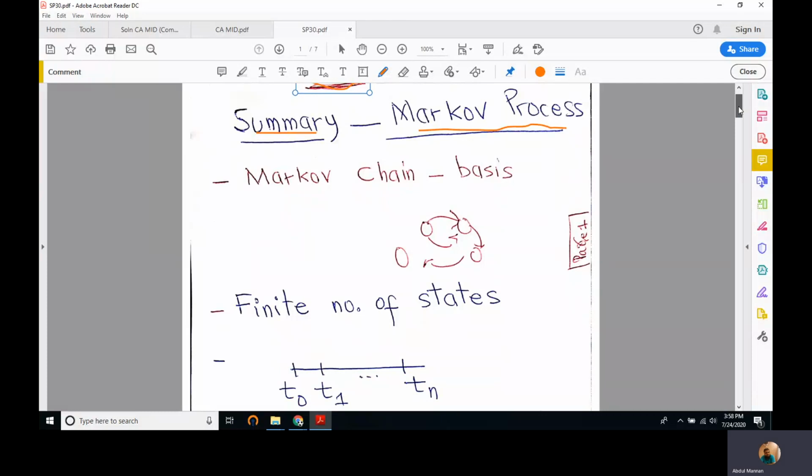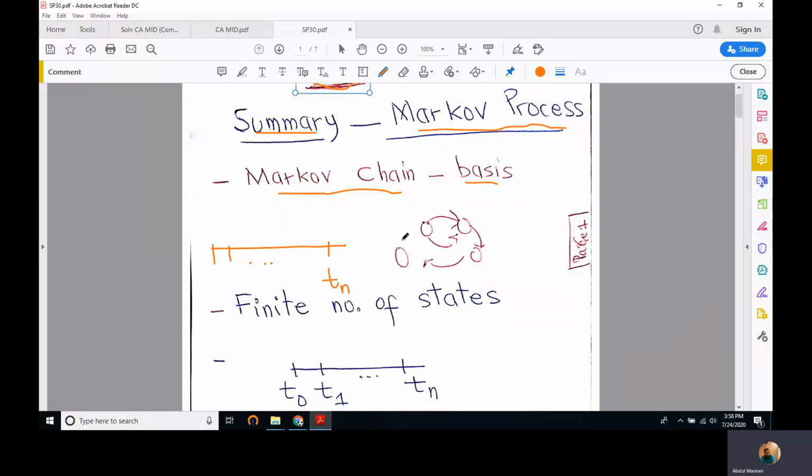A Markov chain is the basis. We studied that a Markov chain is the basis of a Markov process. A process is supposed to be taking one of the many states that are represented in a Markov chain.